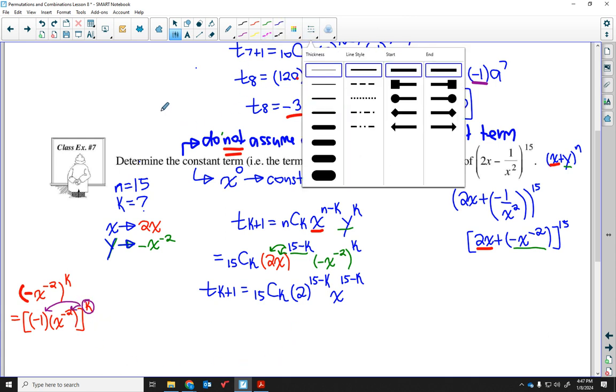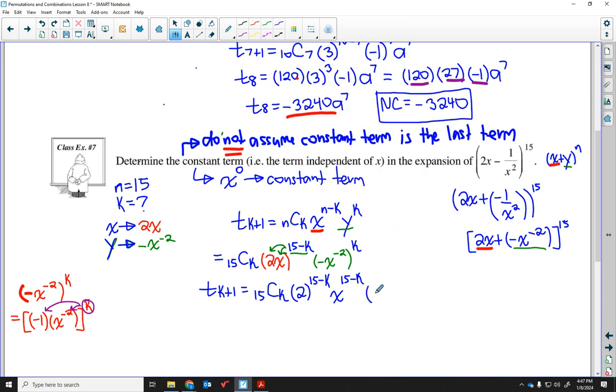What this would then expand to is negative 1 to the power of k, and then x to the power of, now this is the power of a power rule, which means multiply the exponents together. So that would be negative 2 times k. Now, it looks like a really ugly expression, and it is.